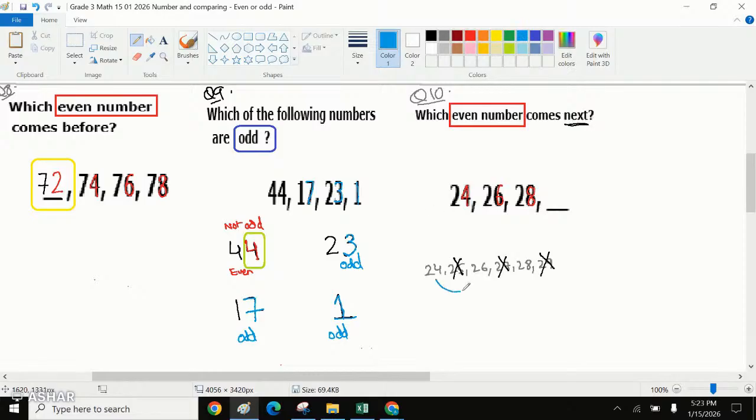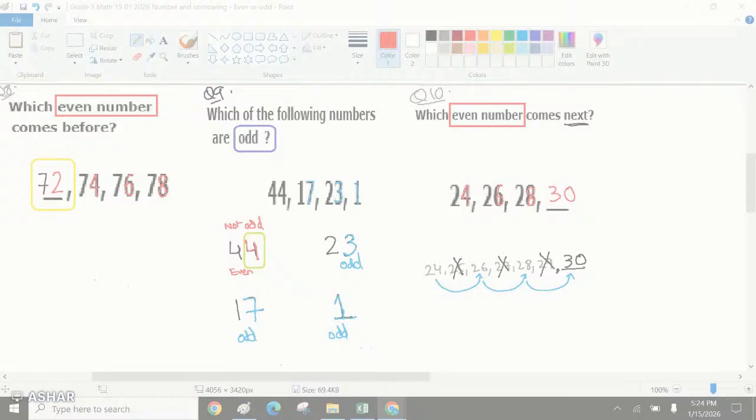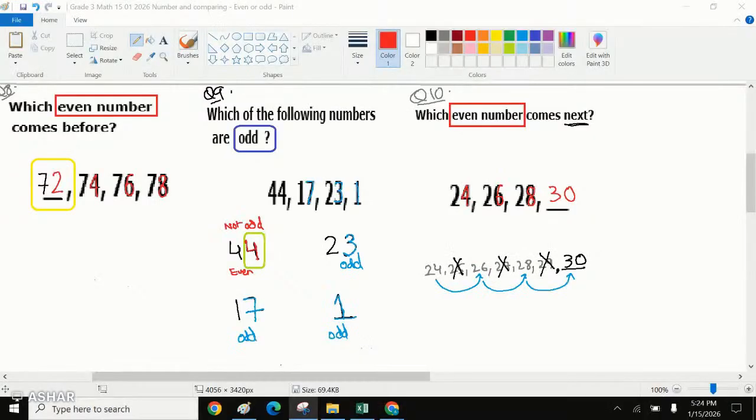So can we say ends with 6, ends with 8, and the next number should end with 0? Yes, the next number should be 30, and we know that 30 is an even number because it is ending with a 0. Moving ahead to the next question. This time they're asking which number comes before. So we have a given set of numbers. Let's look at those numbers.